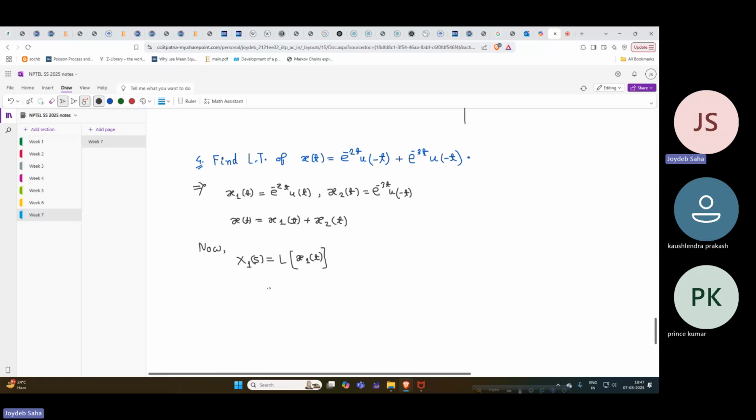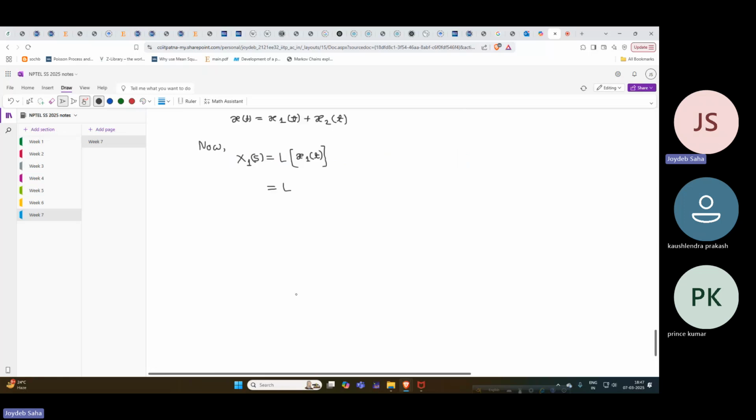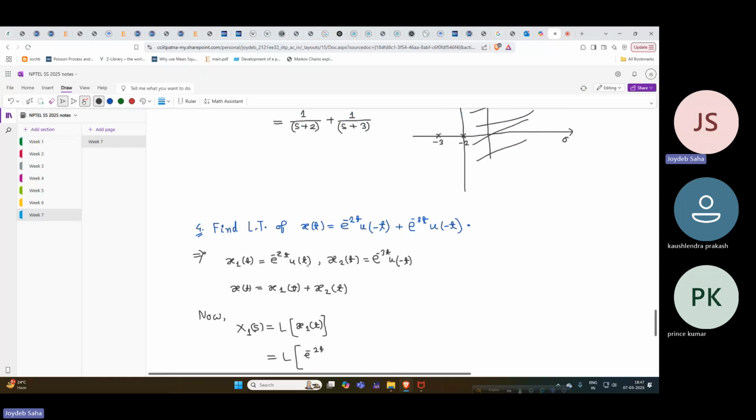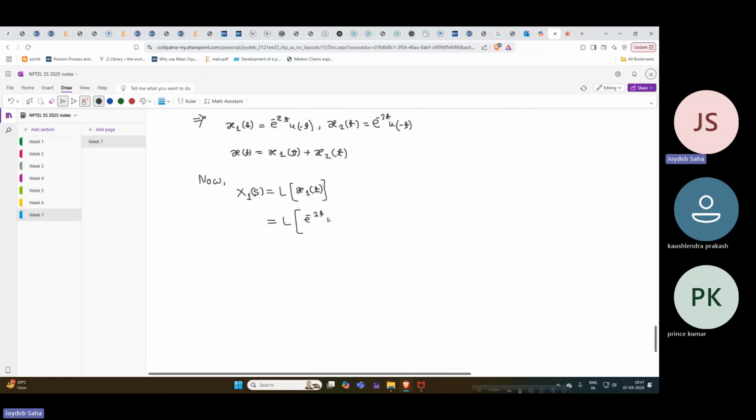So we can write it as the Laplace transform of e to the power minus 2t u of, it was u of t or minus t, it was u of minus t, u of minus t.